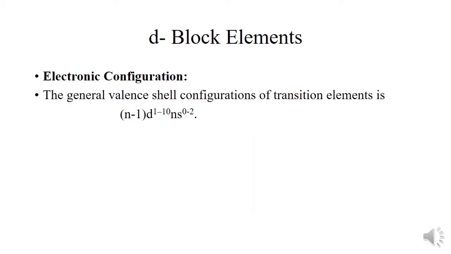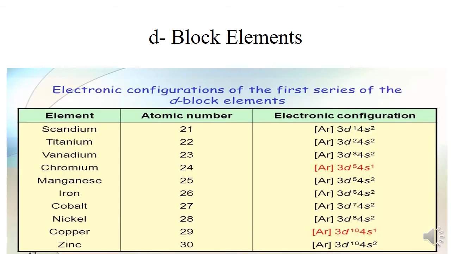So next is the electronic configuration. The general valence shell configuration of the transition elements is (n-1)d1 to 10 ns0 to 2, that is, either 0, 1 or 2. So this is the electronic configuration of the first series of the d block elements.